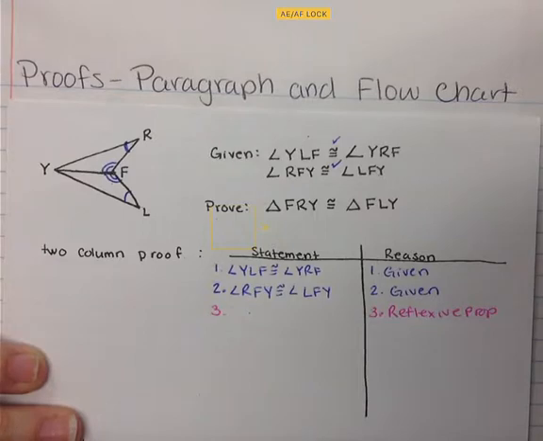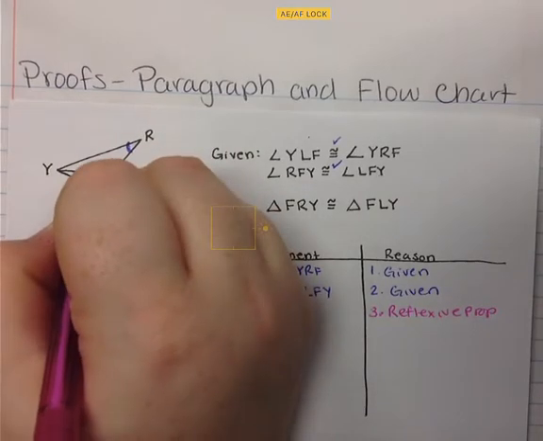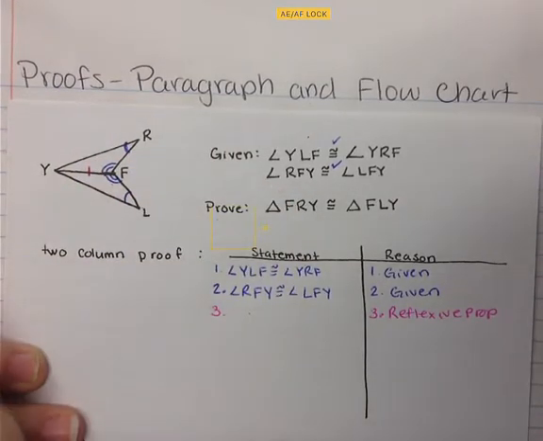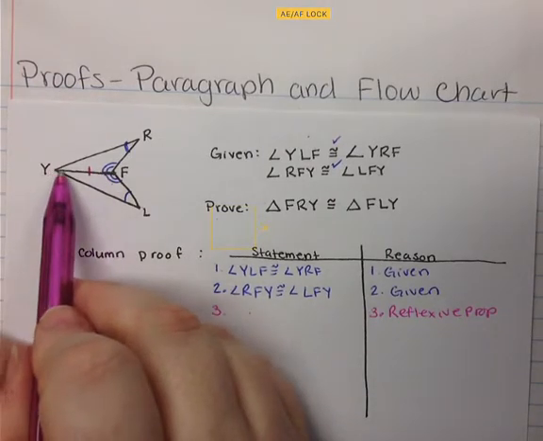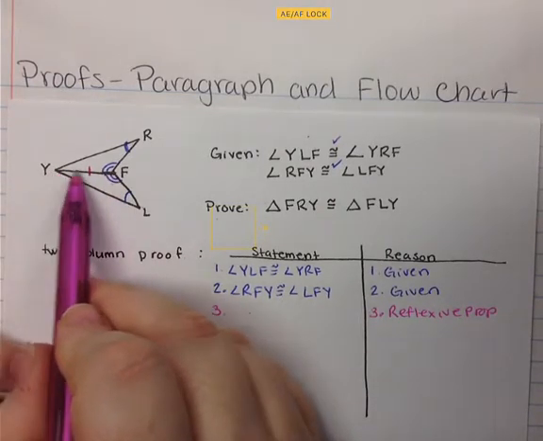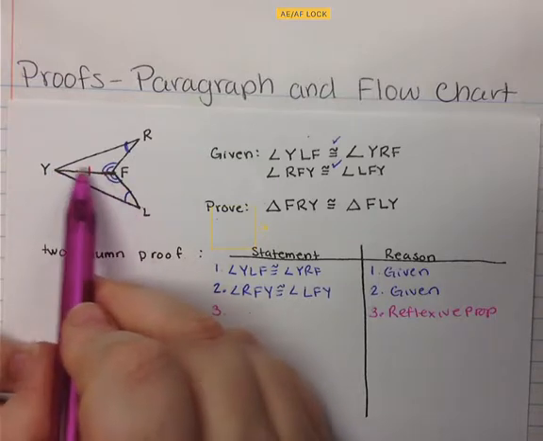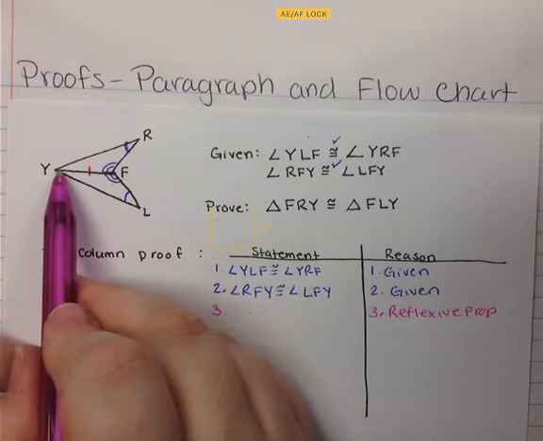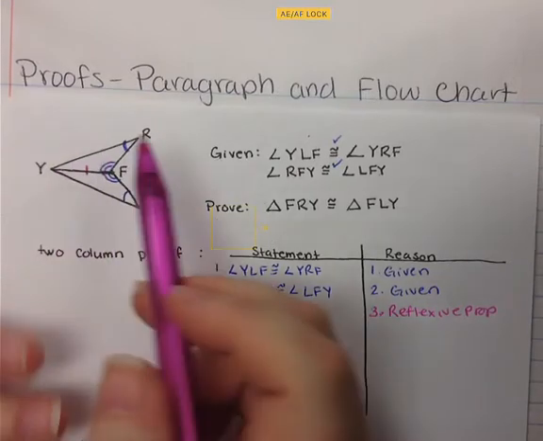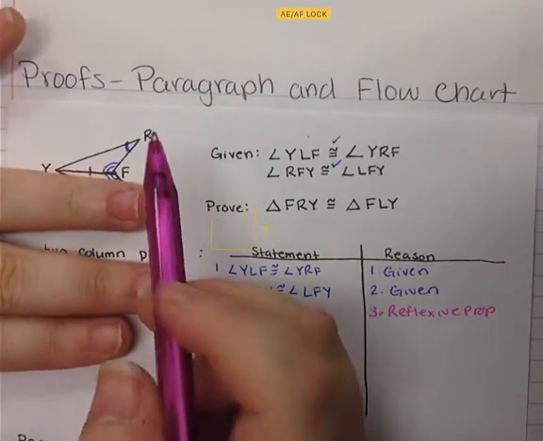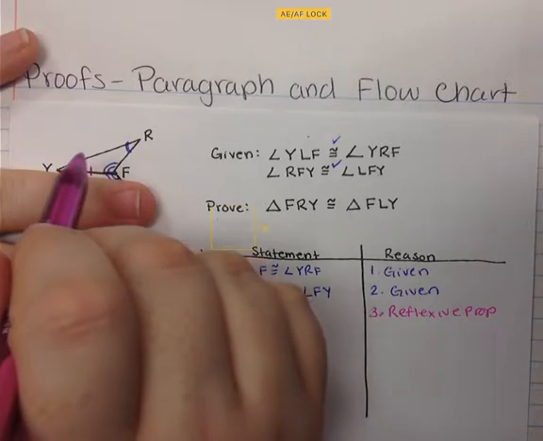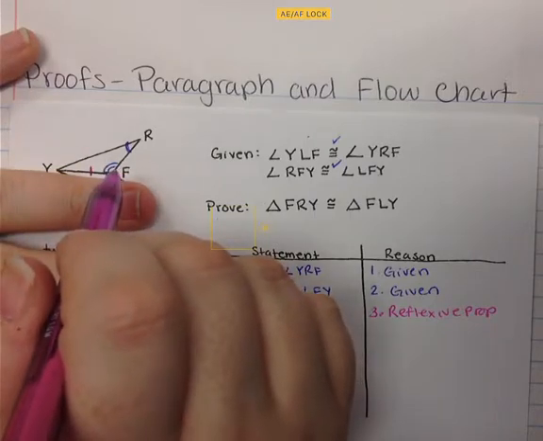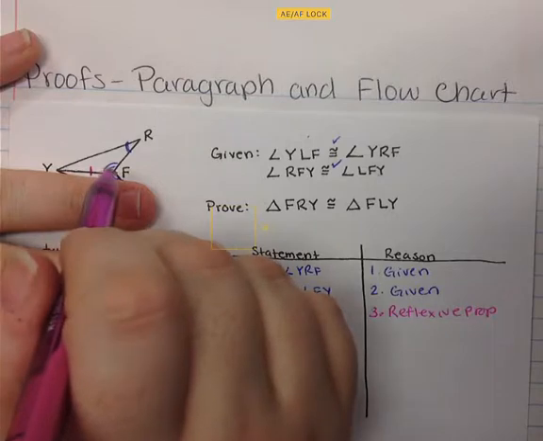Now all we got to do is say the statement. So we know reflexive property will say either 2 segments are congruent or 2 angles are congruent. This was a segment. They touch at that line. So we need to say that this segment is congruent to itself, basically. So how do we name it? So we always start with one triangle. So if I cover up this bottom triangle, if I just start from Y to F, segment Y to F, I have no arcs to 2 arcs.